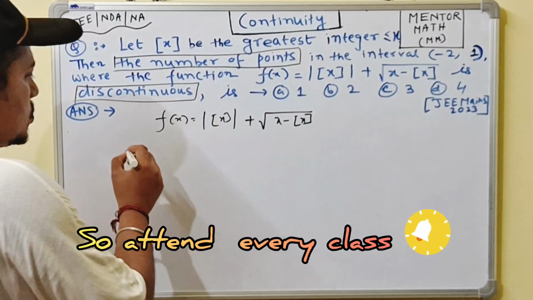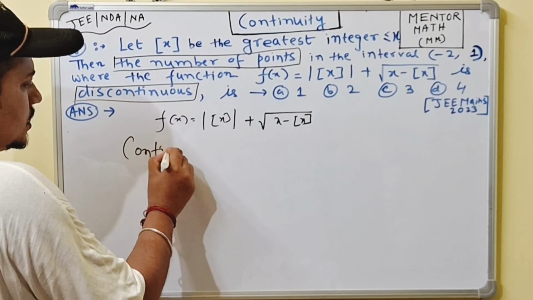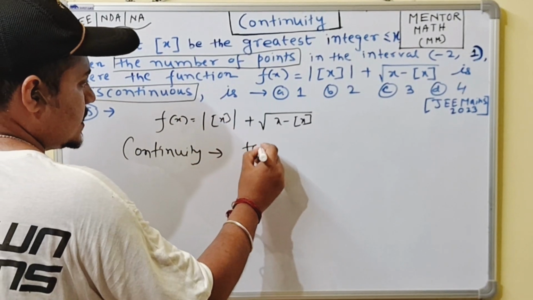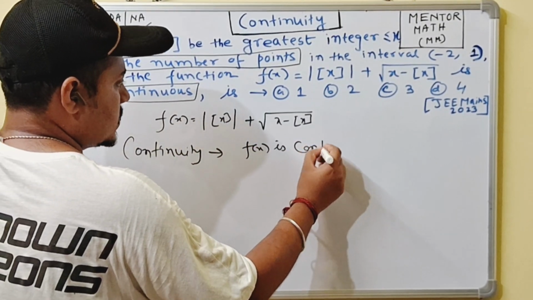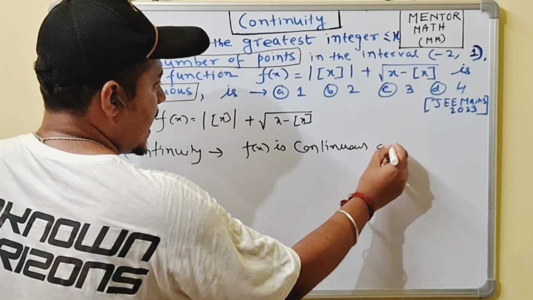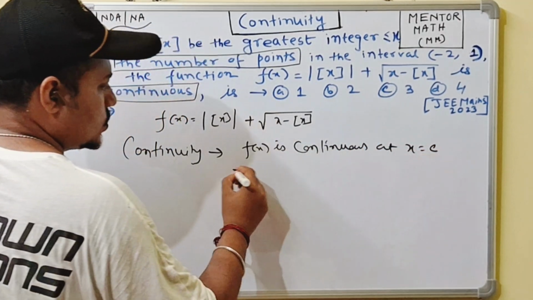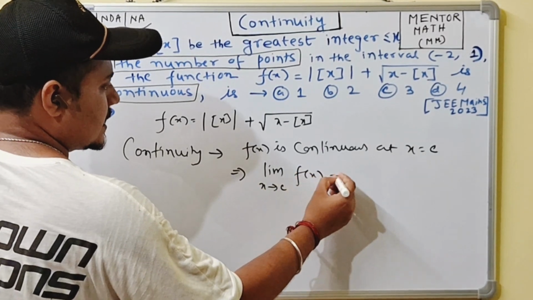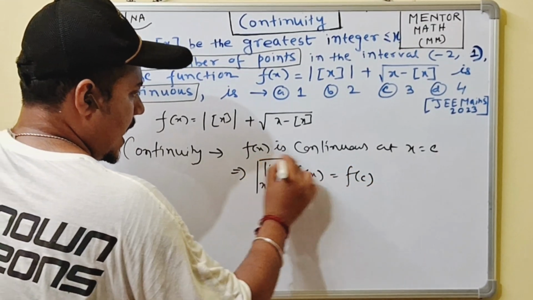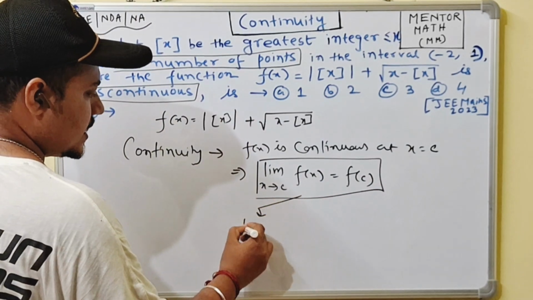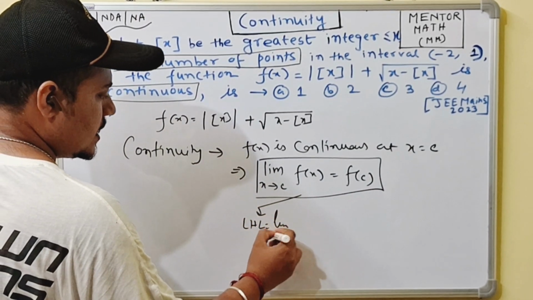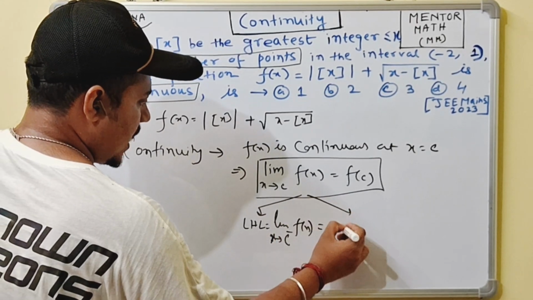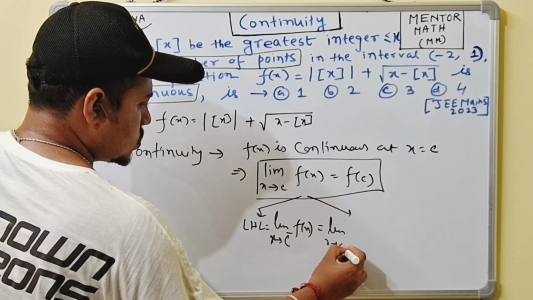And you know the analytical definition of continuity. What is your continuity definition? If f(x) is continuous at x = c, that means limit x tends to c of f(x) is equal to f(c). And the limit exists means the left hand limit, x tends to c minus, is equal to the right hand limit, x tends to c plus.